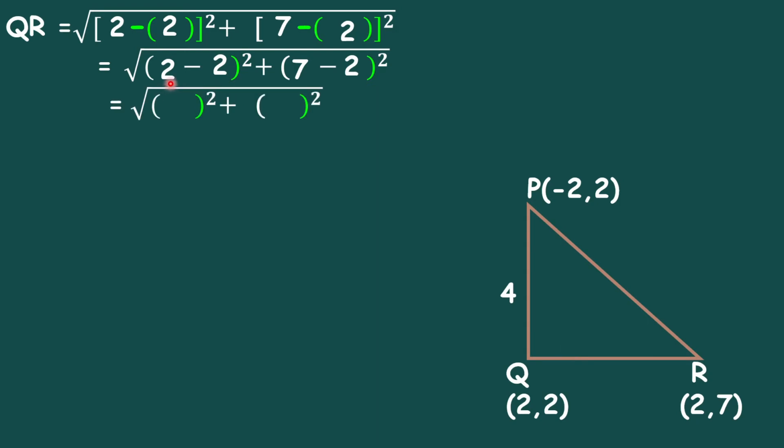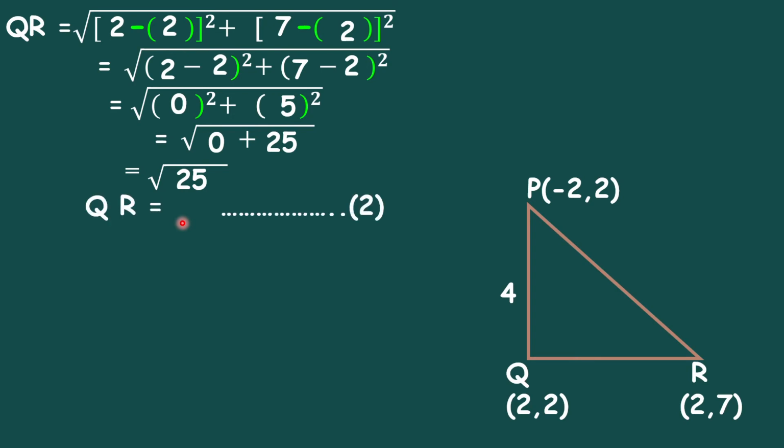Now in the first bracket 2 minus 2 is nothing but how much? 0, its square, plus 7 minus 2 is nothing but how much? 5, its square, is equal to root of, we know that the square of 0 is equal to 0, plus square of 5 is nothing but 25. 0 plus 25 is nothing but root of 25, and we know that 25 is the square of 5, therefore root of 25 is equal to 5, therefore QR is equal to 5. This is the equation number 2.